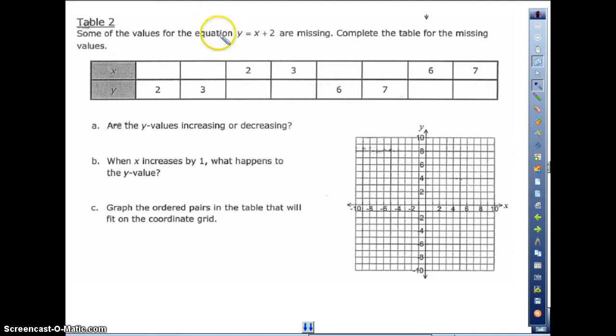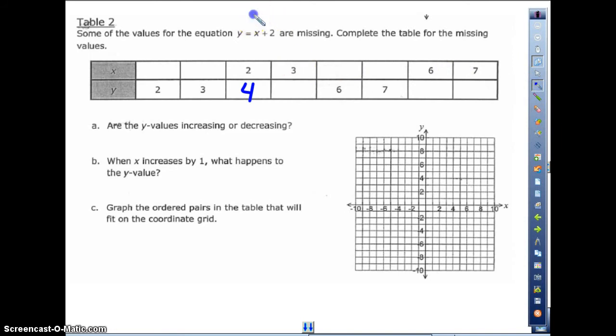Some of the values of the equation y equals x plus 2 are missing. Complete the table for the missing values. Well, here I've got an x value of 2. If I put 2 in for my x right here and add 2 to it, I get 4. They gave me an x value of 3.